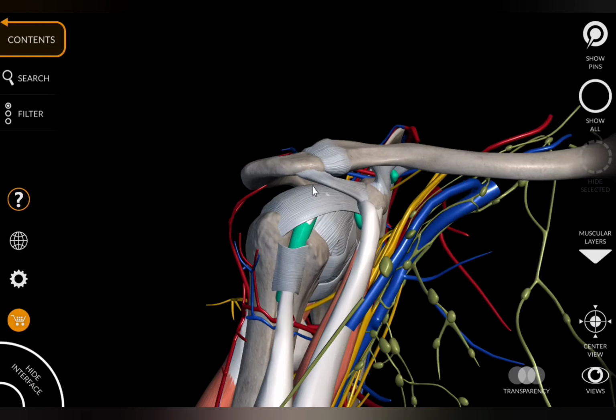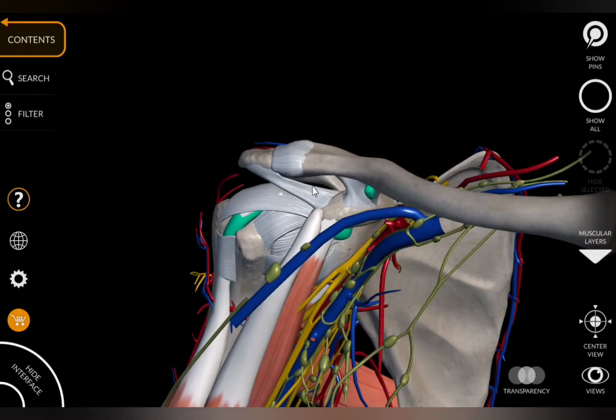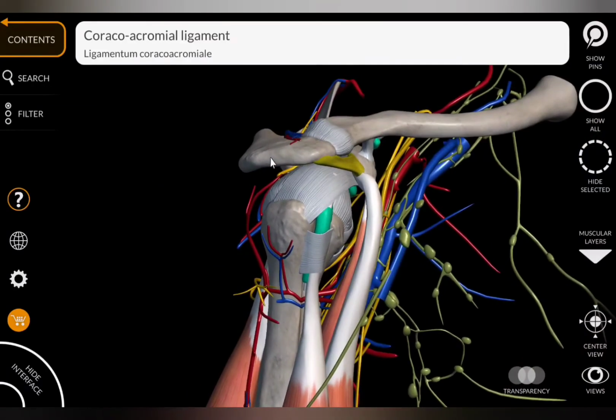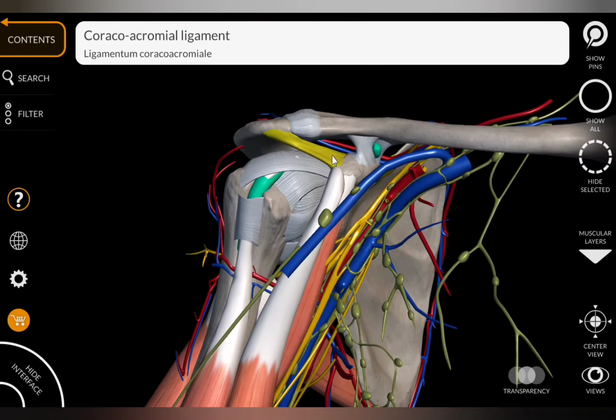The next ligament that lies under the cover of the deltoid muscle is the coracoacromial ligament. See this coracoacromial ligament, it extends from the acromion process to the coracoid process of the scapula. So the coracoacromial ligament is also under the cover of the deltoid muscle. I'm going to remove that also.